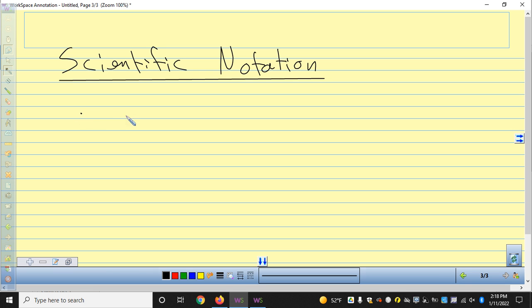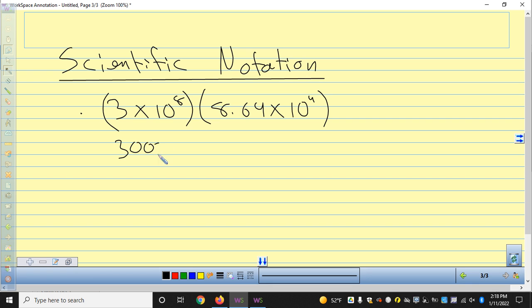So you might see something like 3 times 10 to the 8th, and we're going to multiply that by 8.64 times 10 to the 4th. Now 3 times 10 to the 8th means 3 with 8 zeros after it. That's why we write 3 times 10 to the 8th, because this takes a lot of space to write.